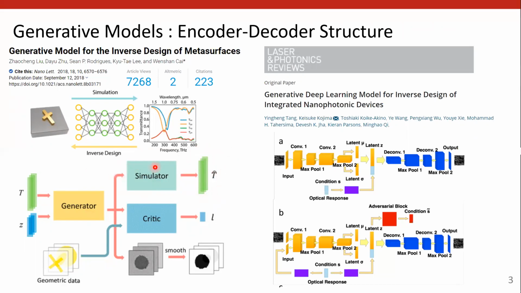So it's not one-to-one mapping, but with the help of the latent variable, it outputs multiple device designs with slightly different nuances. And we're hoping that some of them work better than the others. So basically by exploring the latent space, we can push the device performance further.